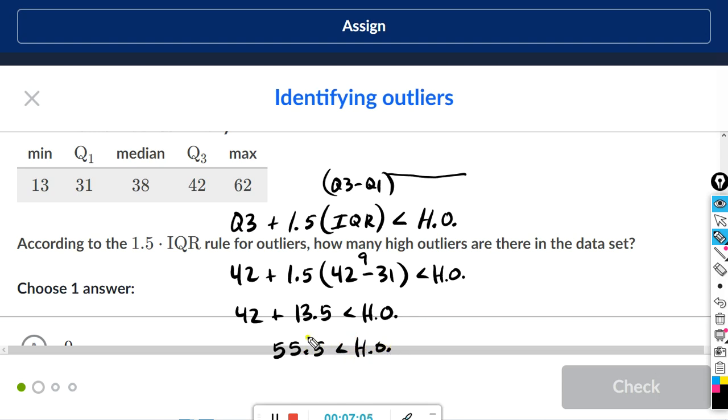So anything greater than 55.5 is going to be a high outlier.